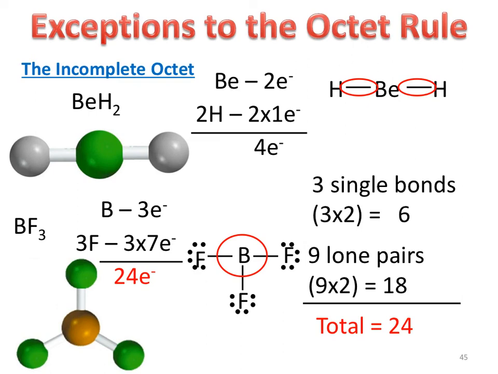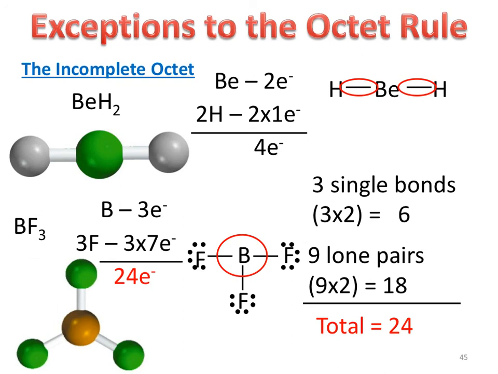Again, for beryllium hydride, BeH2, the beryllium contributes 2 valence electrons. Each hydrogen contributes 1 for a total of 4 valence electrons. It makes 2 bonds. It's called an incomplete octet, but to me it's the way it should be.